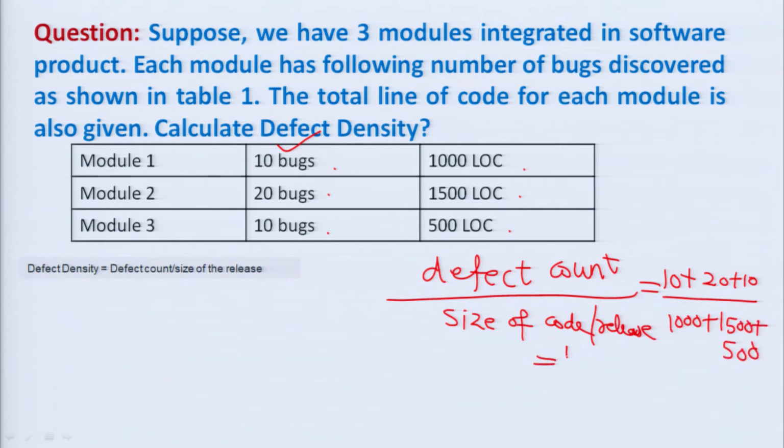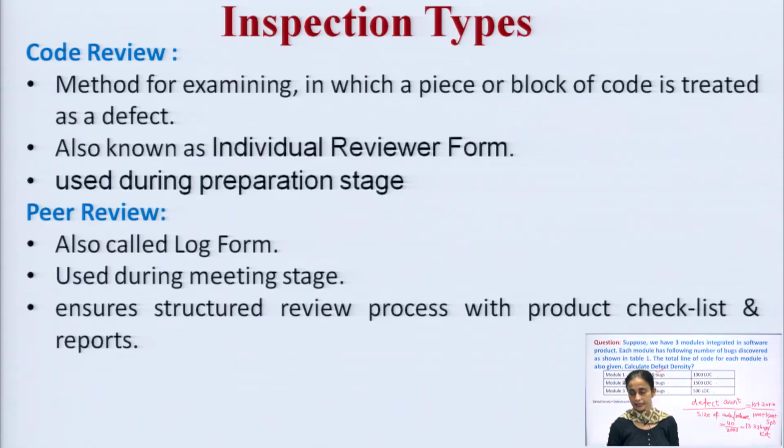So, it comes out to be 40 upon 3000, that is 13.33 bugs per KLOC. If I write only LOC, it will be 0.01333. This is how we calculate the defect density.